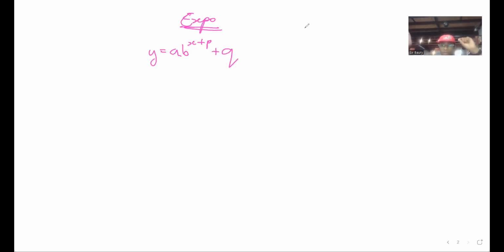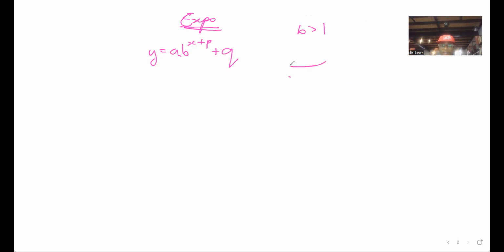Now, let's get to the shapes, because with the range, you need to have an idea of the shape. The range is the y values, right? If b is greater than 1, you're going to have a shape like this.